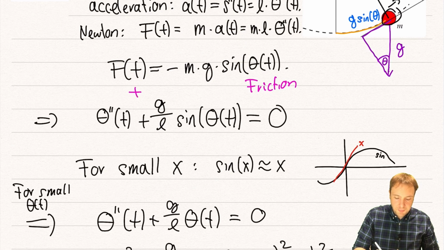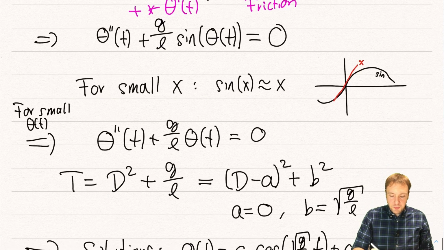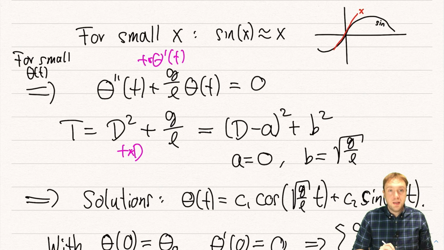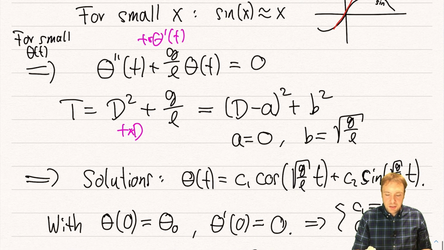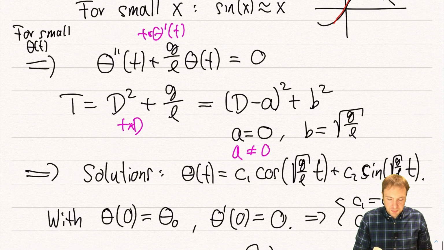I would get some multiple of the first derivative here, and this would actually lead to the fact that this a is not 0, and this a here will actually be negative.